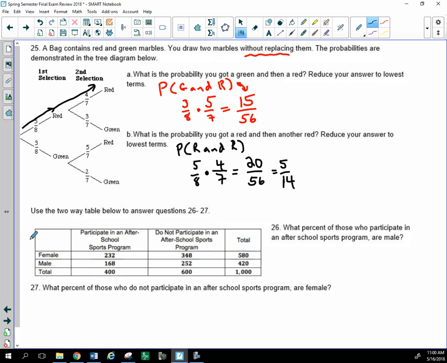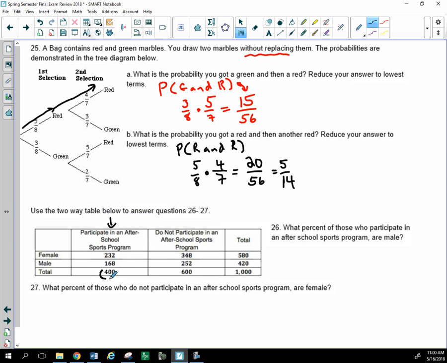All right. Now we're going to talk about the two-way table for the next two questions. And it says, number 26, what is the percent of those who participate in after-school programs who are male? So I'm looking at the participants in after-school programs.